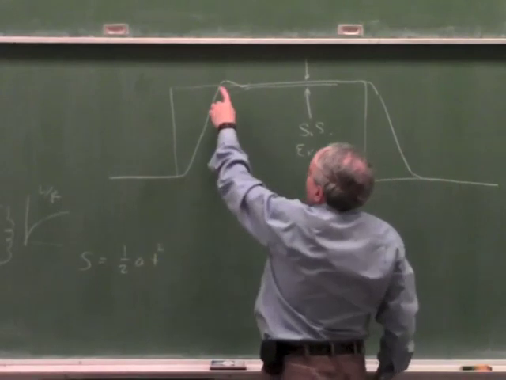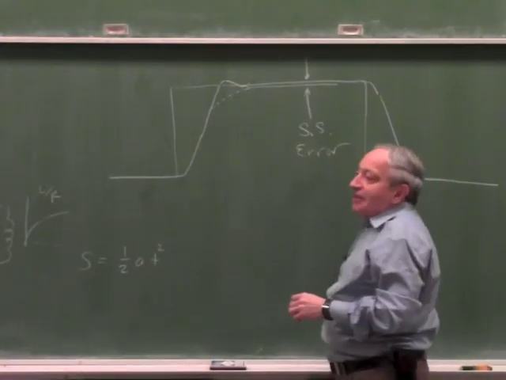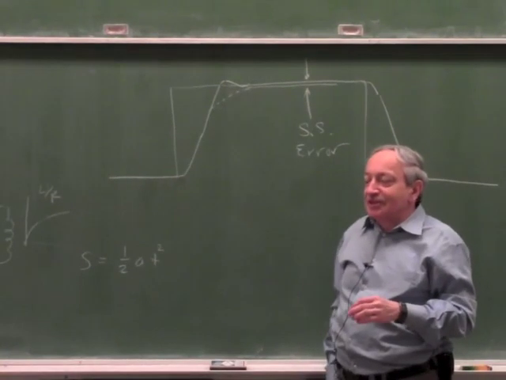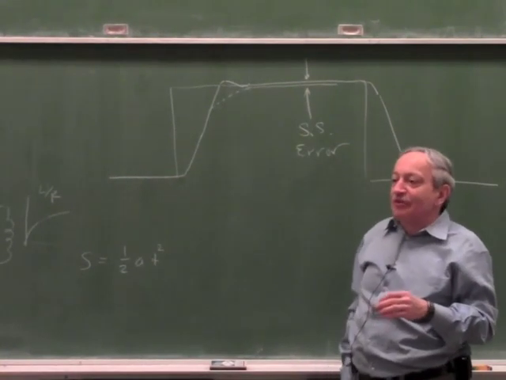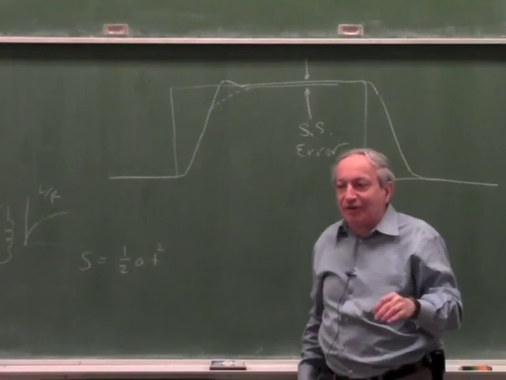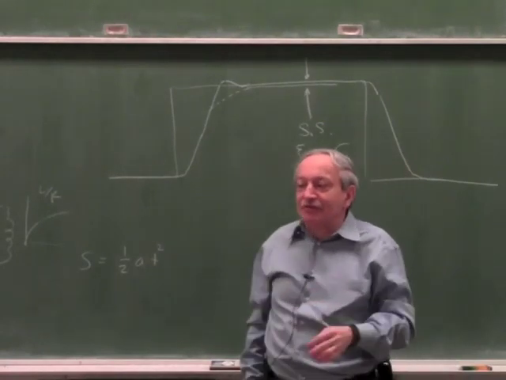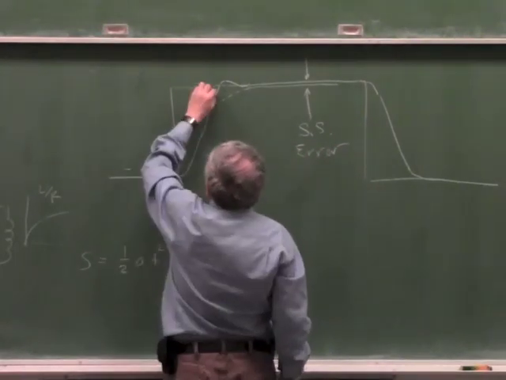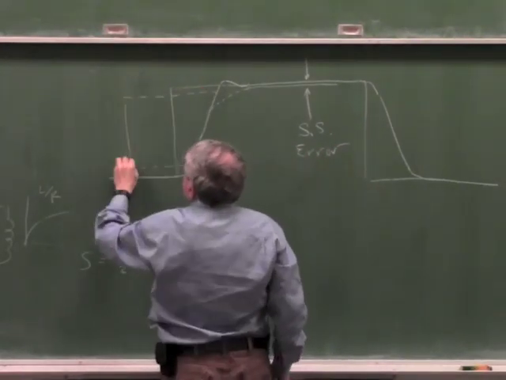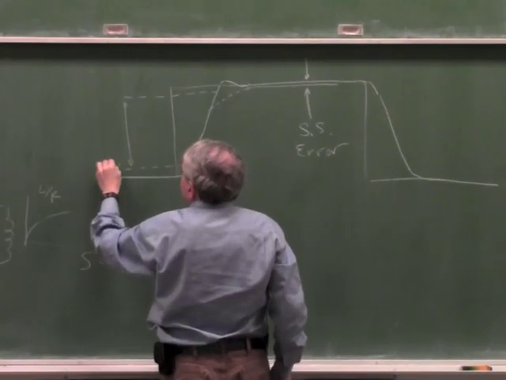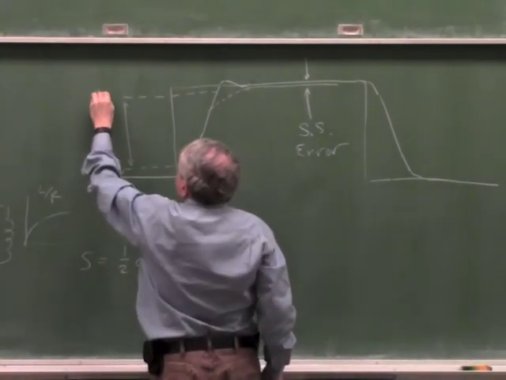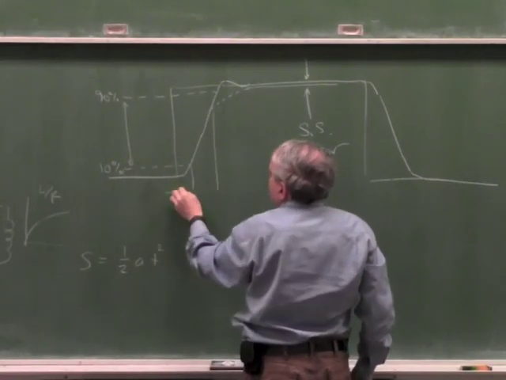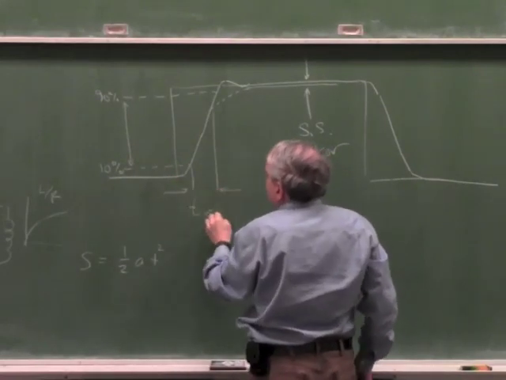Now, when people talk about the rise time of a servo, there are different definitions, but the most common definition when you specify rise time of an electrical pulse, of a servo, of an actuator, the typical definition is from 10% to 90%. So this is 10%, this is 90%, and this is TR, and the same for TF.